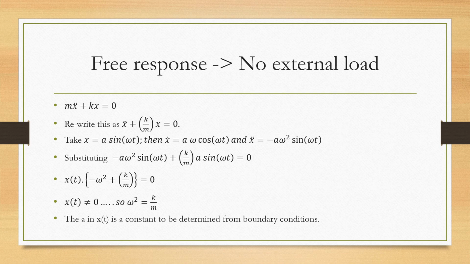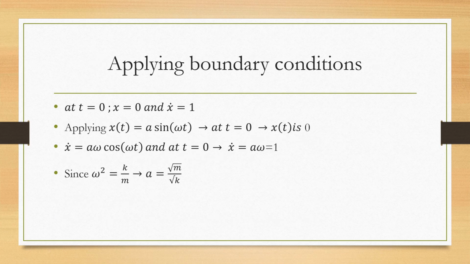However, the A in A sin omega t still remains to be determined, and that is where the boundary conditions come in handy. In order to apply the boundary condition, we know that at t equals 0, x equals 0. So setting x at t equals 0, we find that it works out because sin omega t goes to 0 when t is 0 and sin 0 is 0.